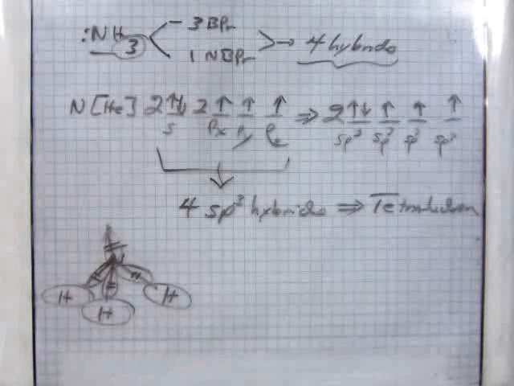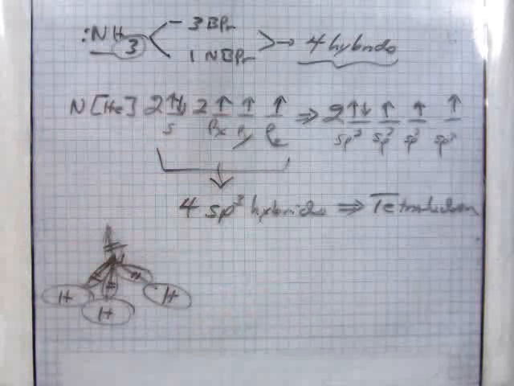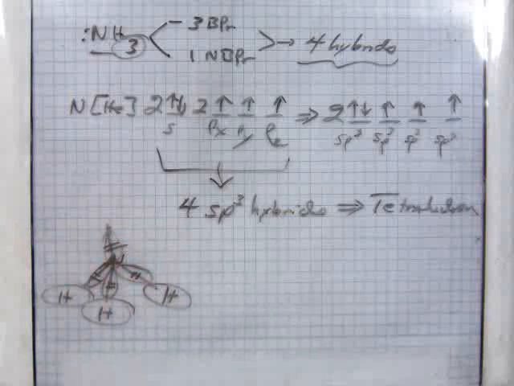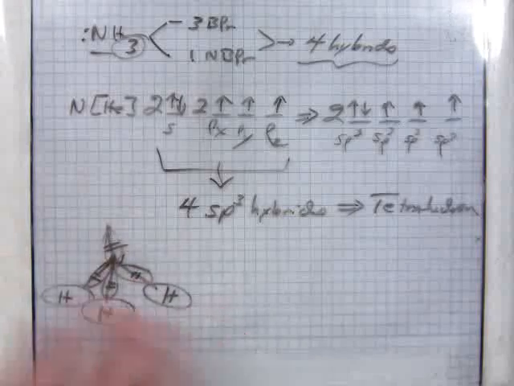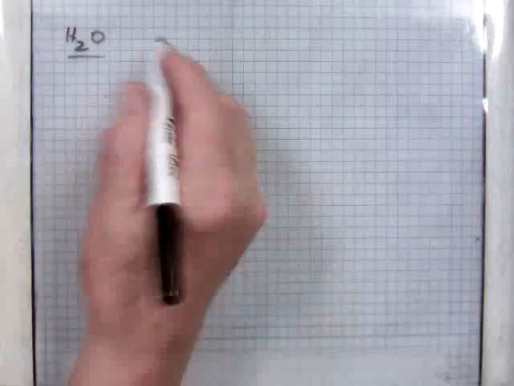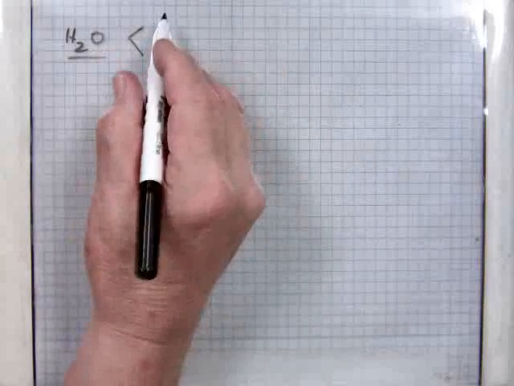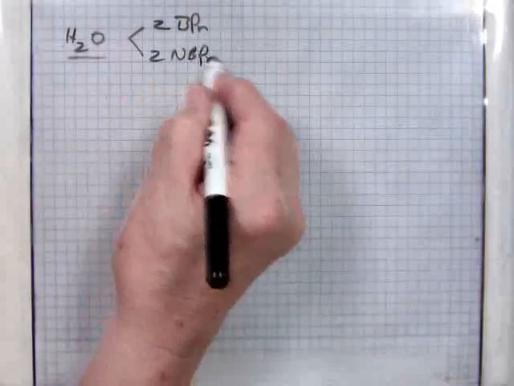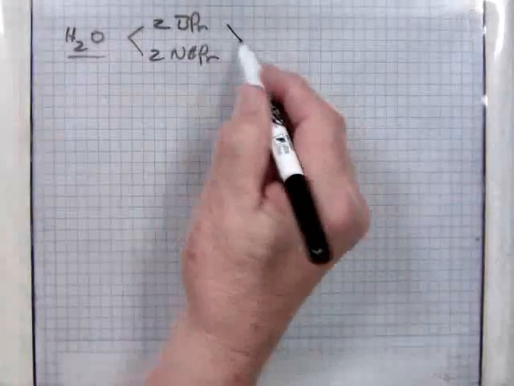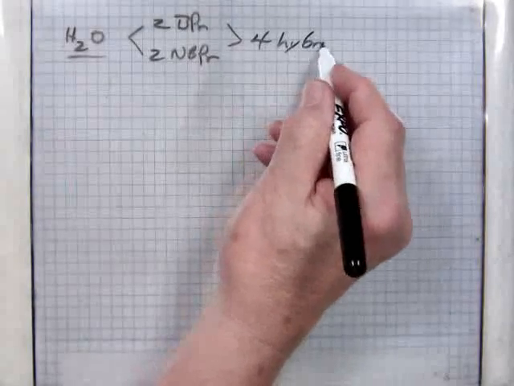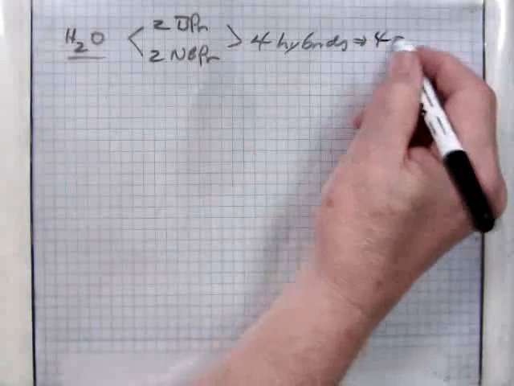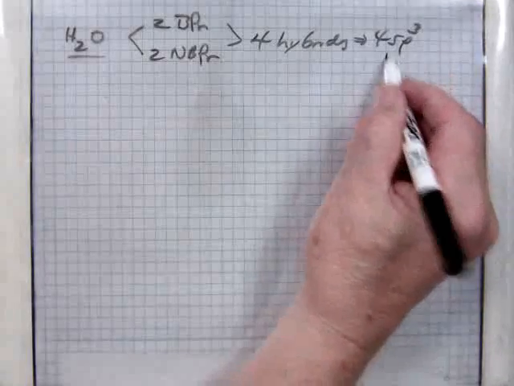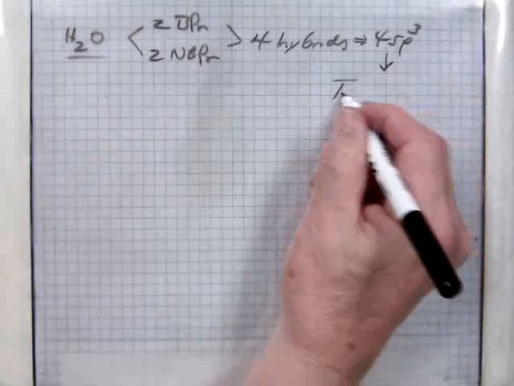And if you look at water, it does essentially the same thing, except it has 2 non-bonded pairs, which you put into those hybrid orbitals, and then 2 bonded pairs that accommodate the hydrogen. So we know from the VSEPR theory that we have 2 bonded pairs and 2 non-bonded pairs, which tells us we need 4 hybrids again. And of course that is 4 sp3 hybrid orbitals, which will give us a tetrahedral parent geometry.